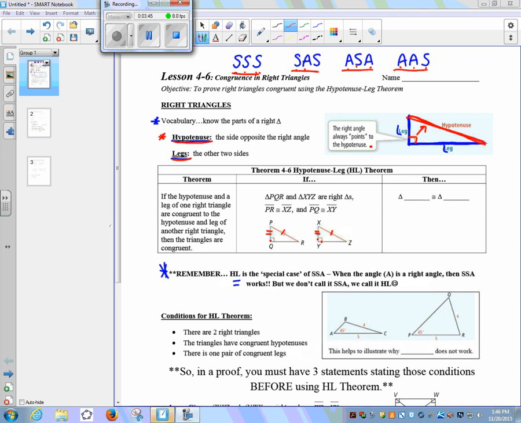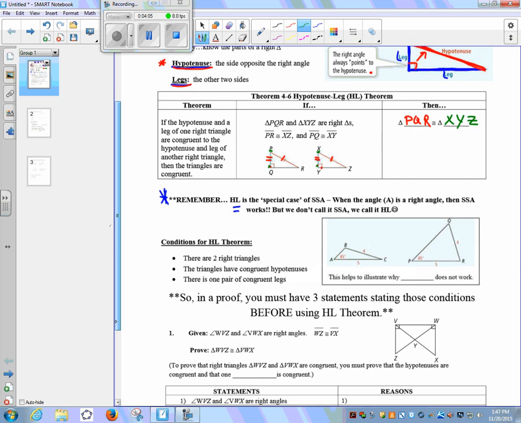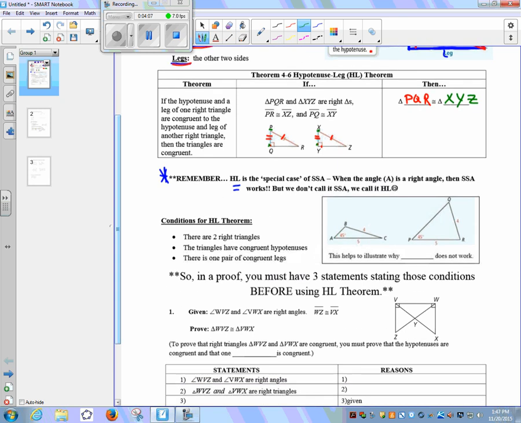So let's say triangle PQR is congruent to, now remember we have to watch our order, P corresponds with X, Q was the right angle, Y is the right angle, so X, Y, Z. Again, HL is a special case of SSA.